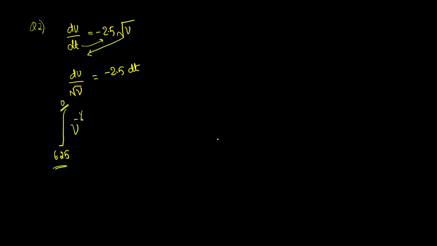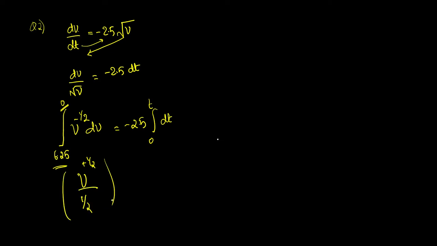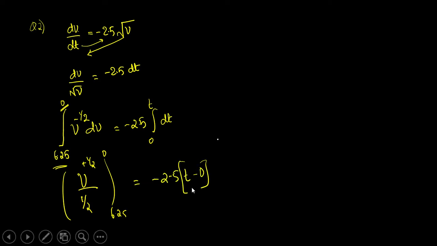1 by root v I can write as v to the power of minus 1 by 2, which is equal to negative 2.5 times the integral from 0 to t of dt. So v to the power of plus 1 by 2 by 1 by 2 from 6.25 to 0 is equal to negative 2.5 times t minus 0.